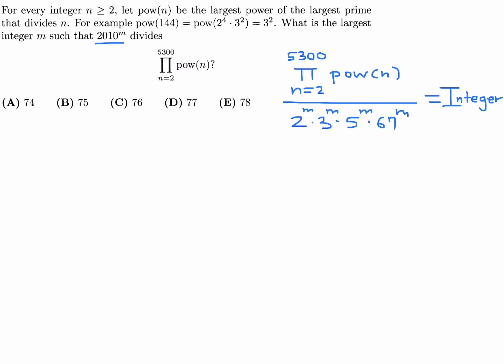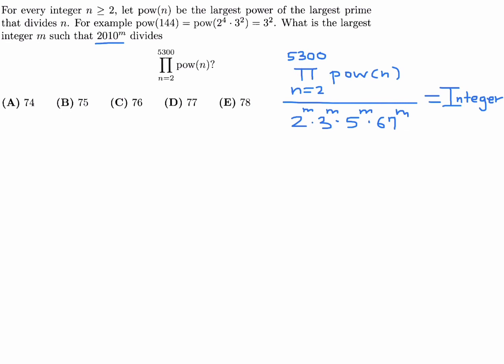That's the actual answer to that question, because 67 is way larger than these numbers, and I'm pretty much certain that there's going to be a whole lot of 2s and 3s and 5s in this whole big thing, but there's not going to be as many 67s. So if 67 divides this, then I'm pretty sure that is going to be the largest value of m.